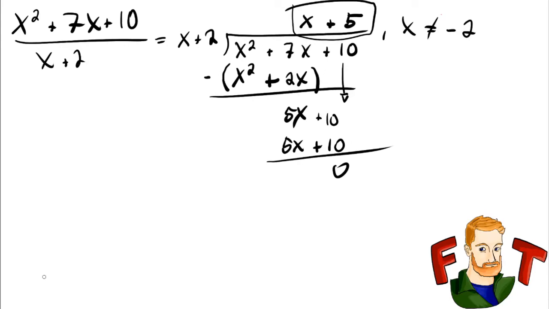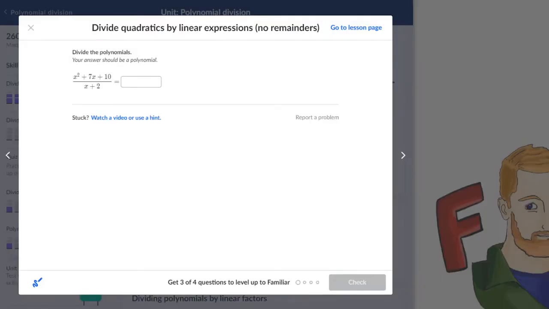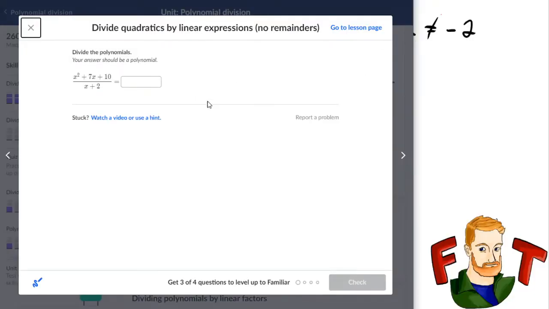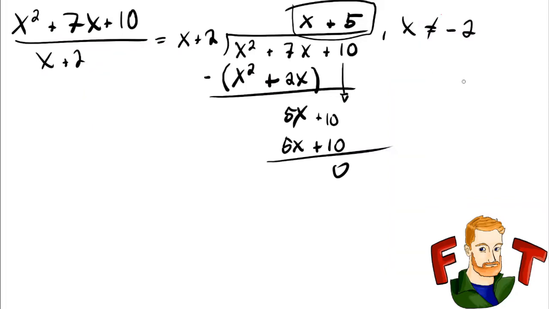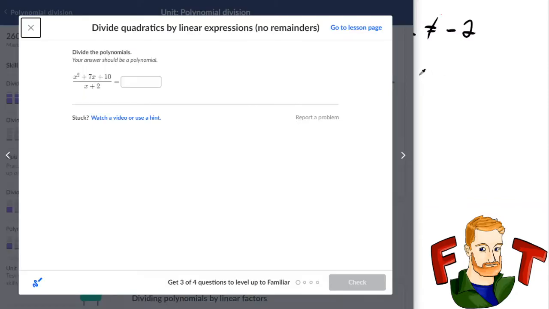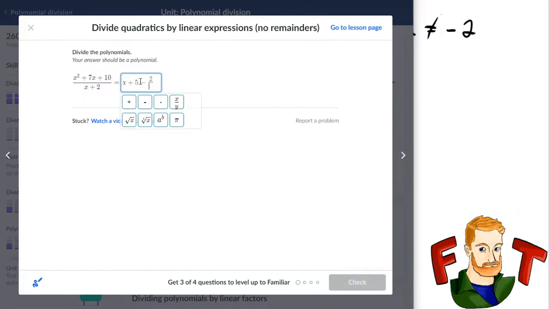All right, so let's check the answer here. So we put in, what was it? X plus 5. Minus 2 over x plus 2.